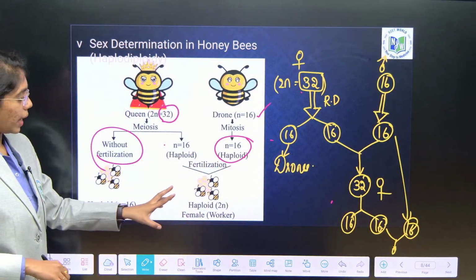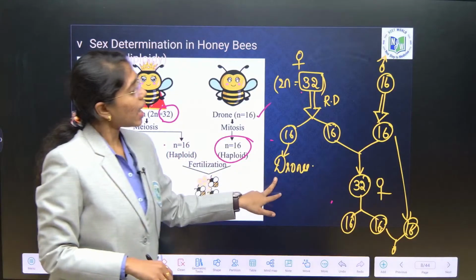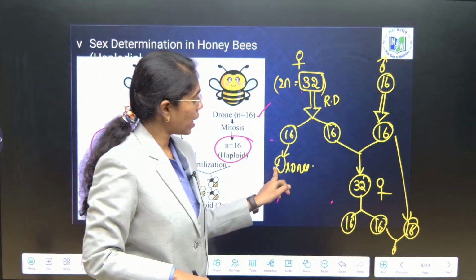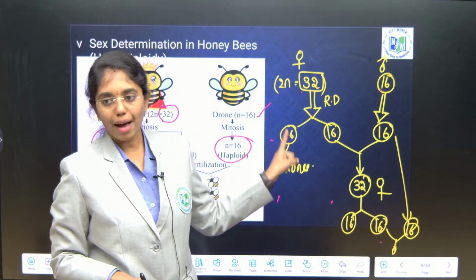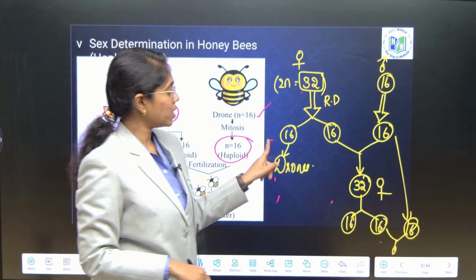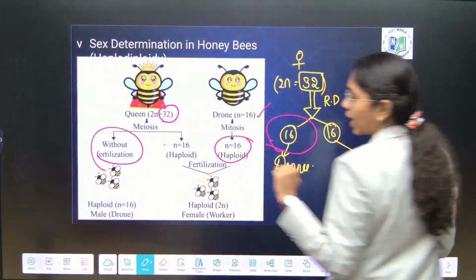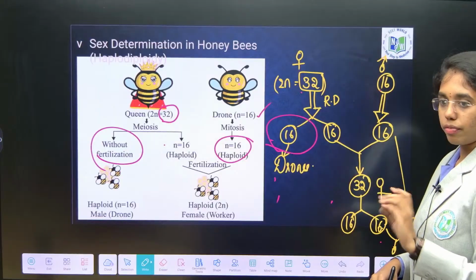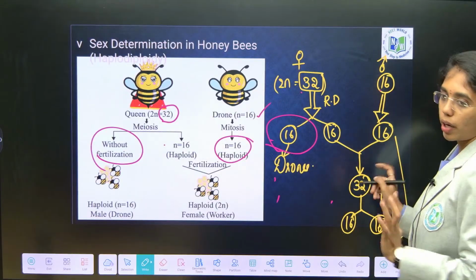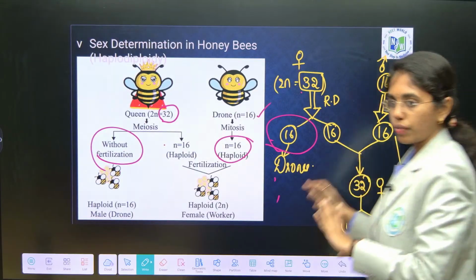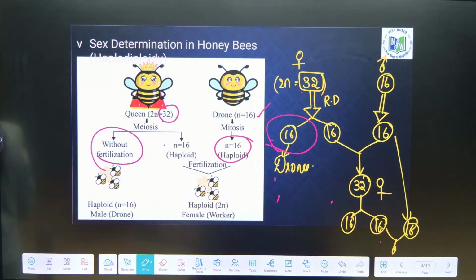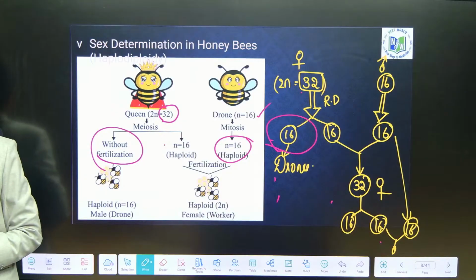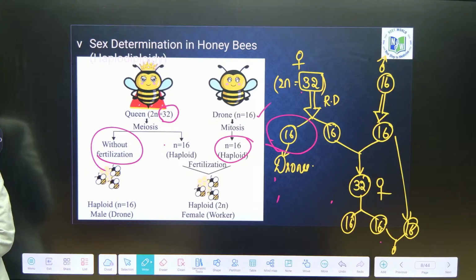This is saying males have grandfathers and grandsons, but no fathers and sons. Here in haplodiploid mode of sex determination, males will have grandfathers and grandsons, but no sons and fathers. Okay, this is haplodiploid mode. Complete set is for female queen and half the set for males. Clear, right? Sex determination concept is clear?